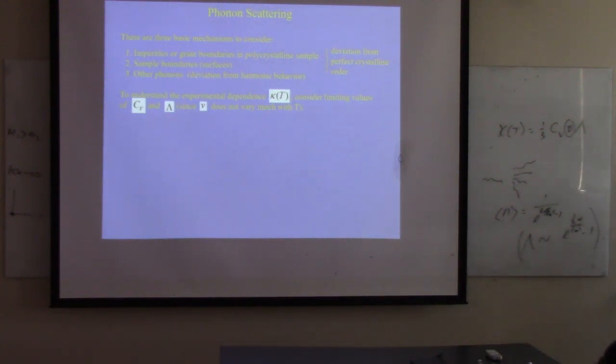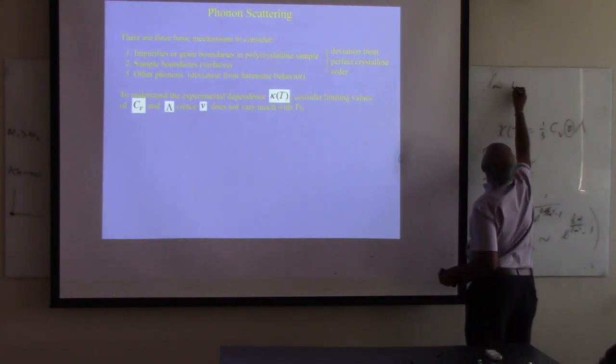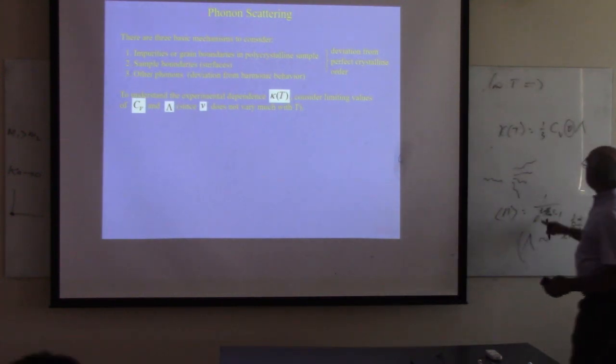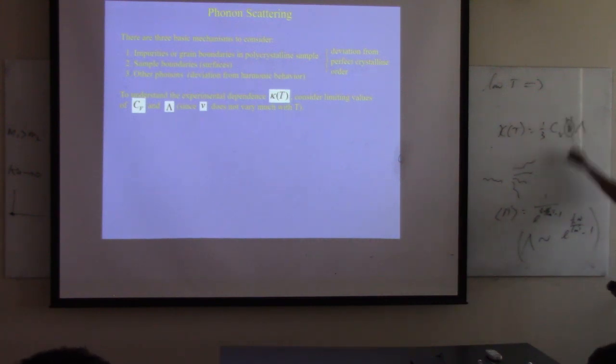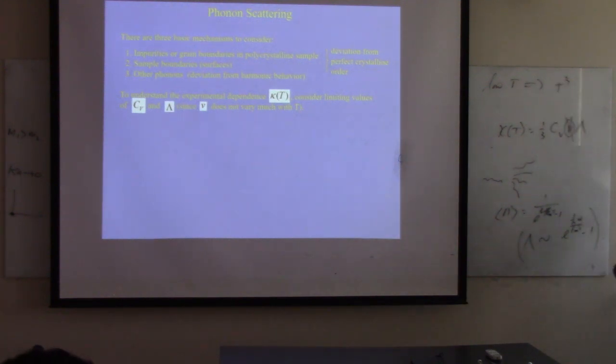Now let's look at low temperature. First, forget about this V term, it doesn't have much temperature dependence. CV, how does it change? As T cube, right? So how about gamma here? T small means this whole thing is very large. That means this becomes infinite.